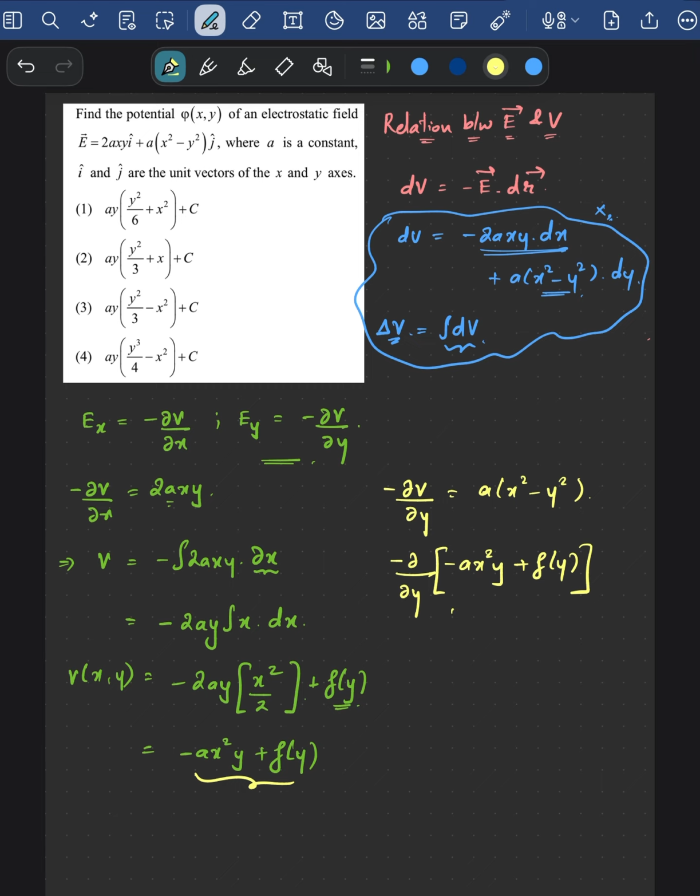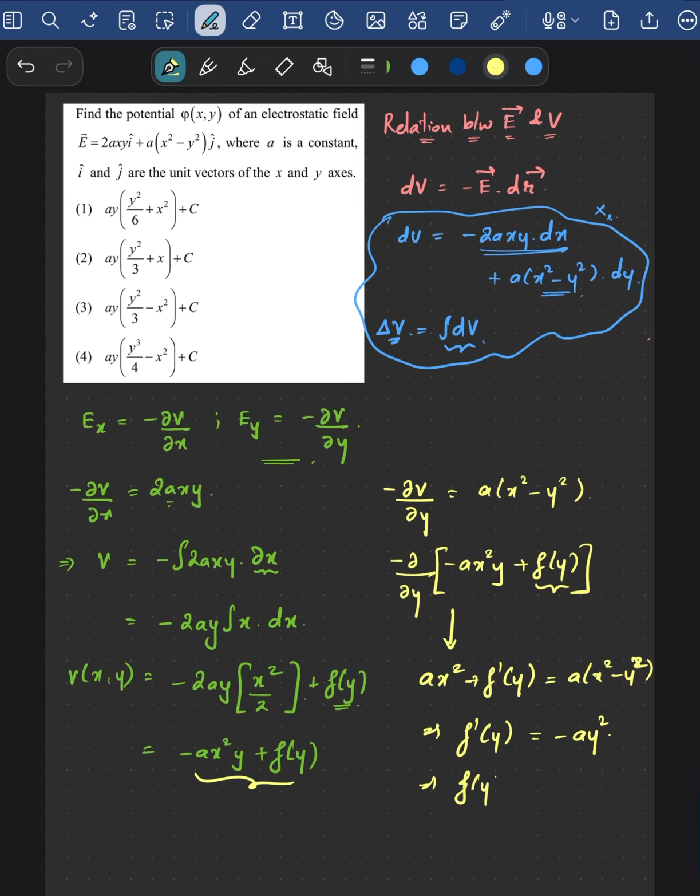And this will turn out to be nothing but ax squared plus f dash of y. This is f dash of y because when I'm partially differentiating a function of y with respect to y, everything is a term of y, so it will just differentiate like a normal function of y. So ax squared plus f dash of y is equal to a(x squared minus y squared), which means f dash of y will be equal to minus ay squared. So df by dy is equal to minus ay squared.